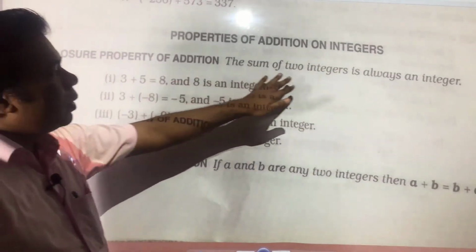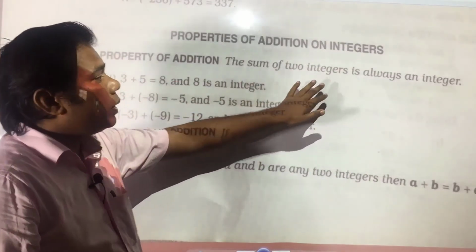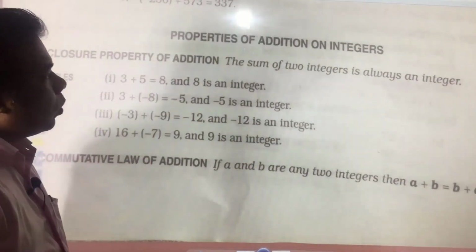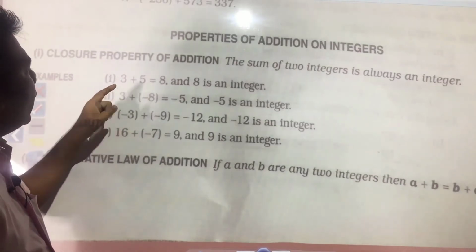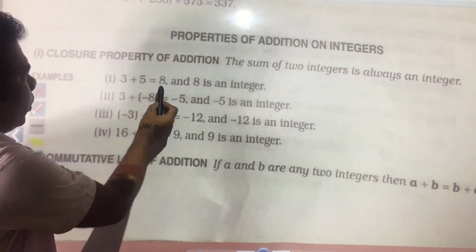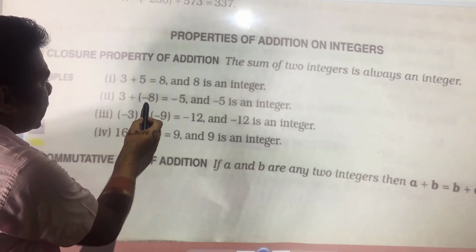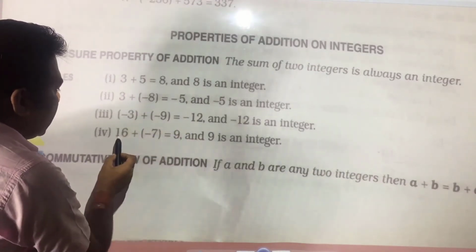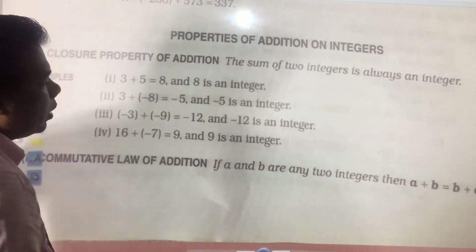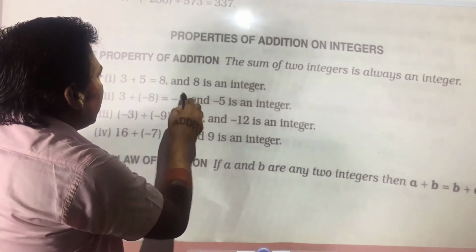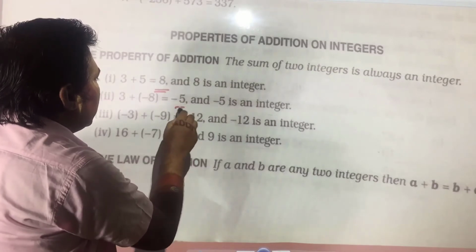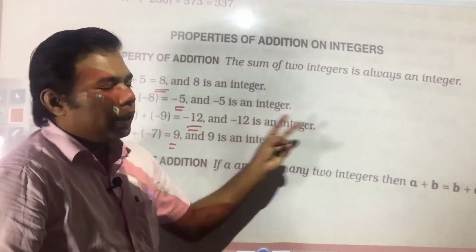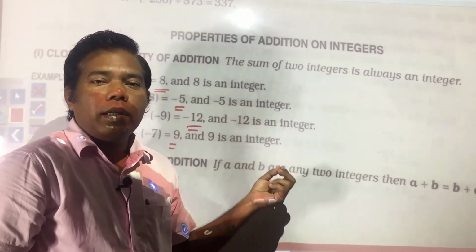If you are adding any two integers, as we had seen in whole numbers, 3 plus 5, you will get 8, minus 3 minus 9 is minus 12, 16 and minus 7, what have we got? 9. So all the numbers we have got now are integers. It means when two integers are added, you will get an integer as the sum.